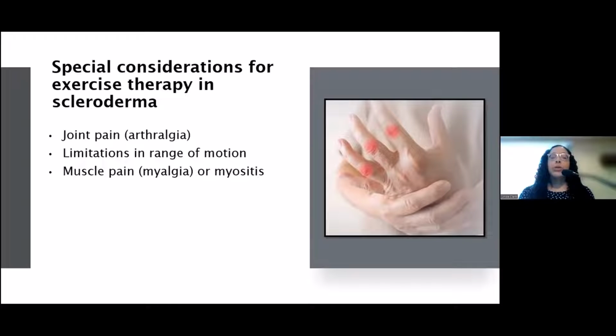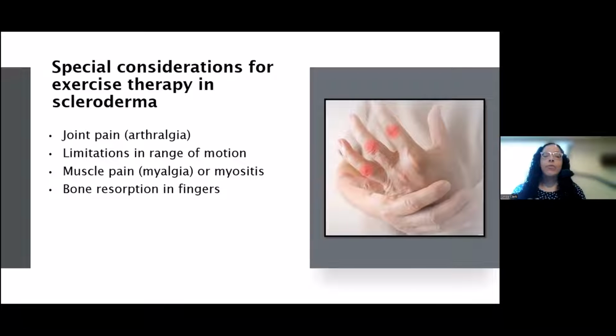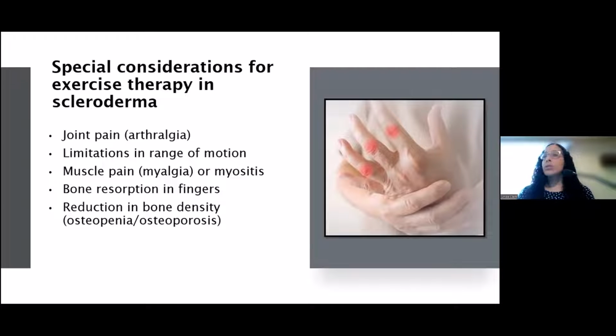Some people with scleroderma may present with muscle pain or even myositis. So that's why having that medical guidance and having a physiotherapist involved with the program may be beneficial to guide you on exercises. Sometimes in our hands, we may have bone resorption, right? So even our grip might be affected, right? Osteoporosis may be something to consider as well.